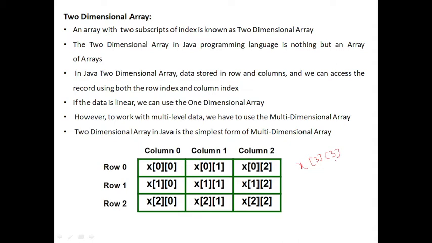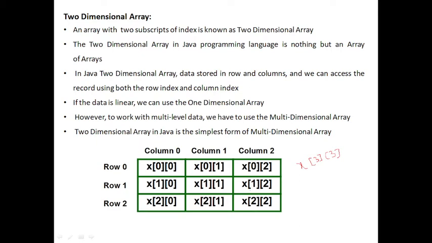Okay, this is the basic definition of the 2D array: an array with two subscripts of index. Related to this slide, what we have learned is what a 2D array is and how to represent that array. An array with two subscripts of index is known as a 2D array. In the first subscript of index you write the number of rows, in the second subscript of index you write the number of columns, right?